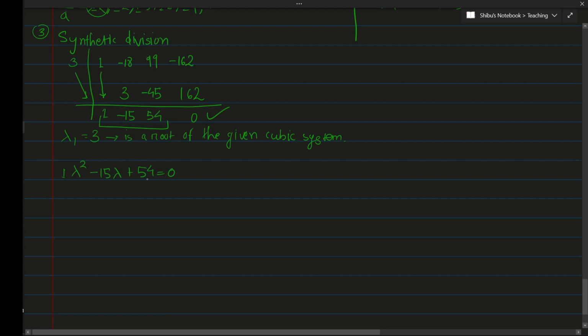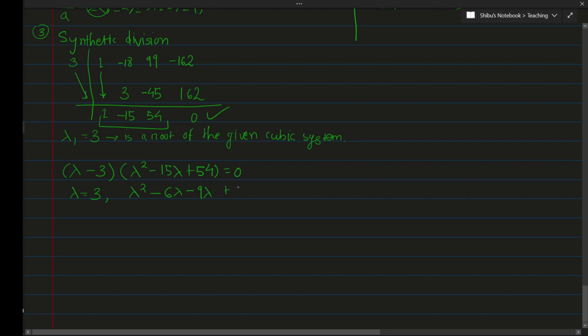So we can write our cubic equation as lambda minus 3 whole into lambda squared minus 15 lambda plus 54 equals 0. Now lambda equal to 3 is a solution, and from here we can split the middle term into minus 6 lambda and minus 9 lambda such that the sum equals this and the product equals this.